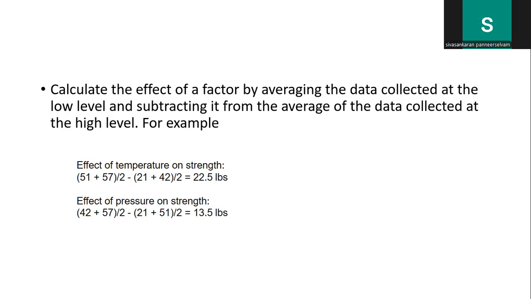Calculate the effect by averaging the data collected at the lower level and subtracting it from the average of data collected at the higher level. So this is the formula for both temperature and pressure, in terms of strength. And these are the results displayed here: combined effect of temperature on strength, combined effect of pressure on strength.